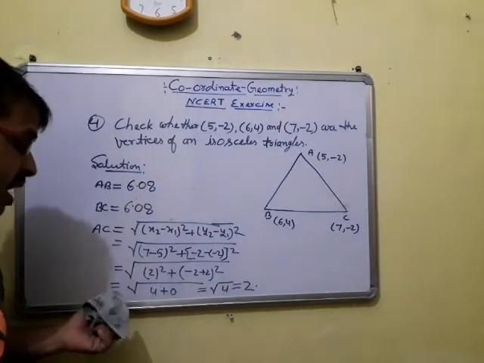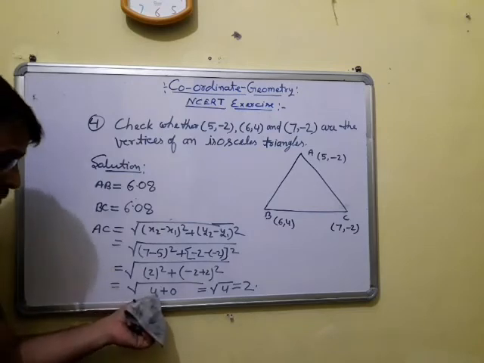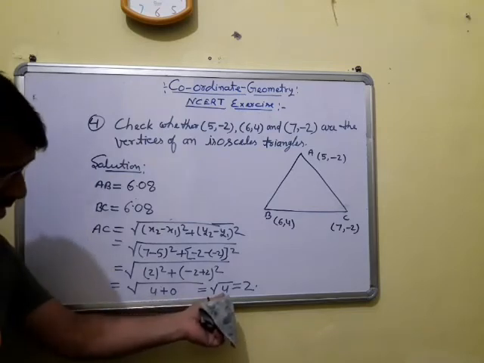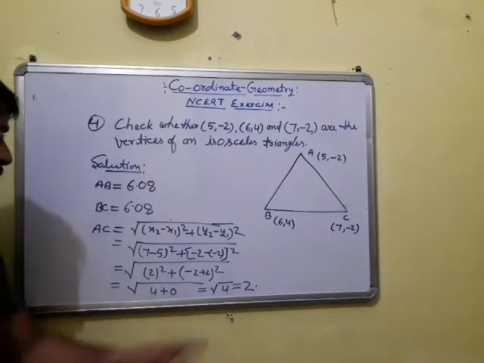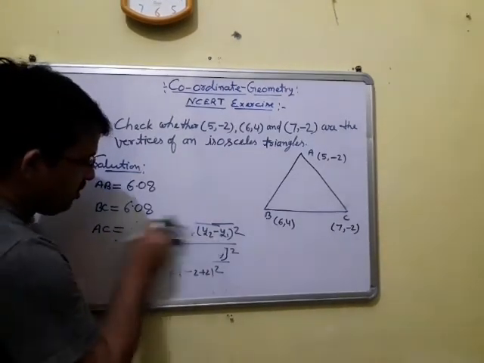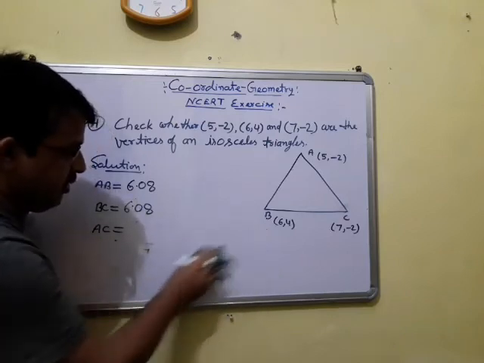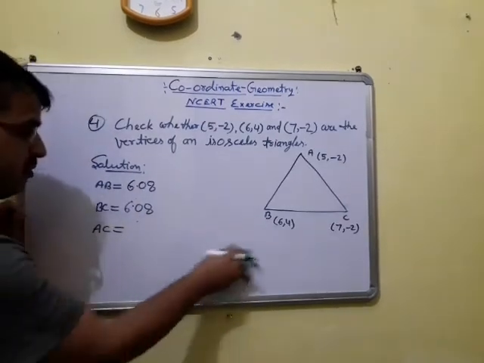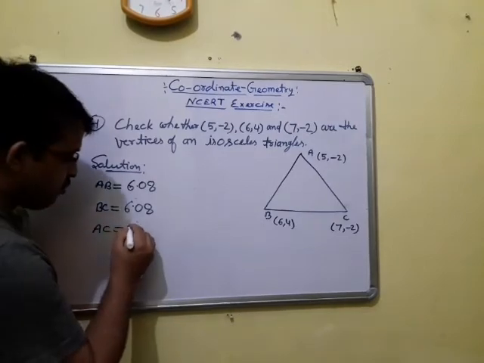Clear? We got AC too. So AC is equal to 2.